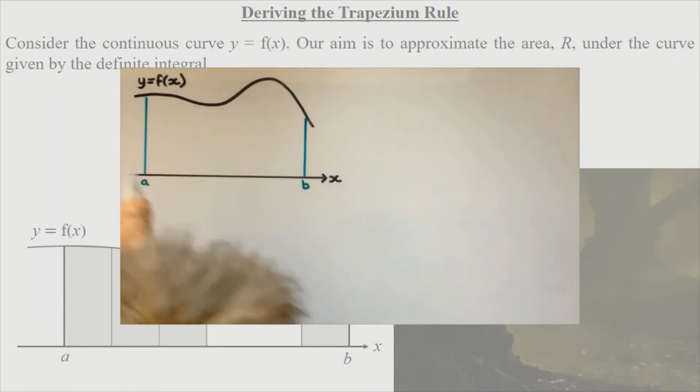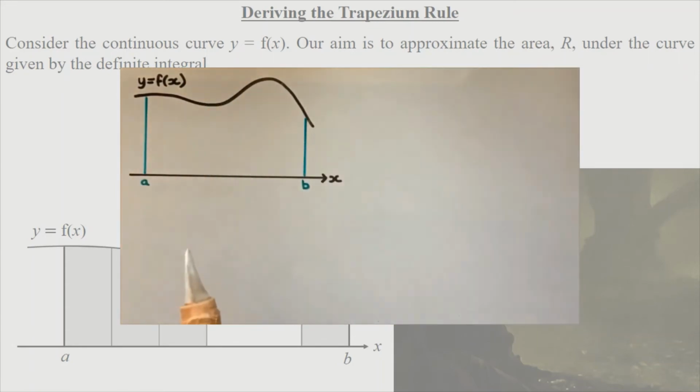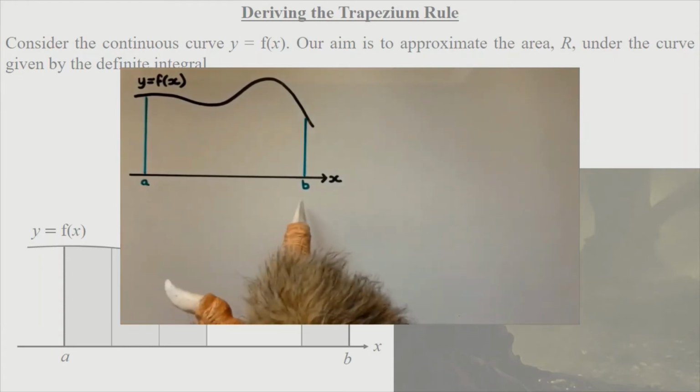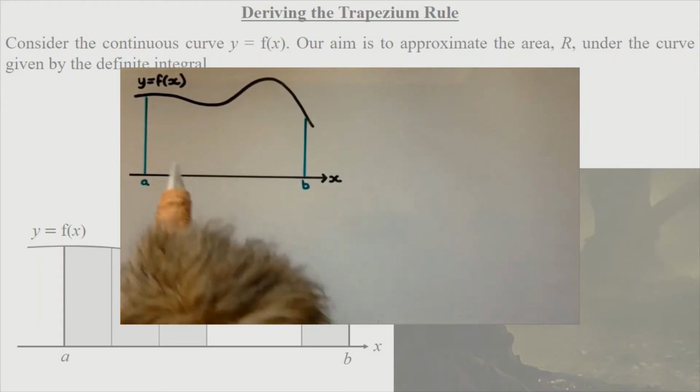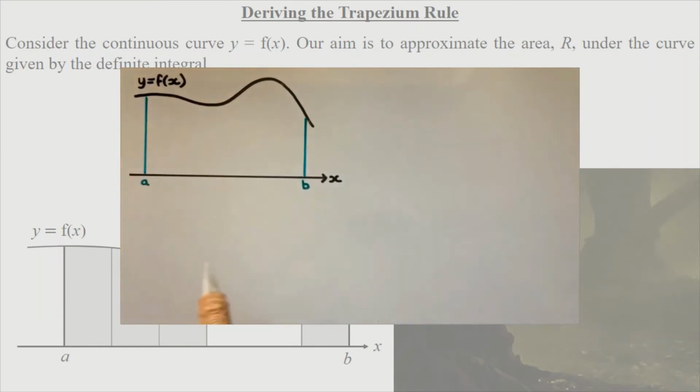Now what I have here is just some continuous function f of x, and what we're interested in is the definite integral between x equals a and x equals b, which will in this case calculate the area under the curve. We can represent the area under the curve, because f of x is purely above y equals 0, or the x-axis, like this.